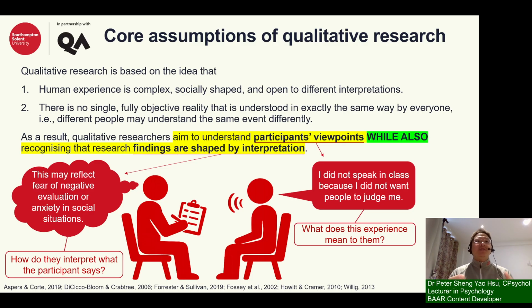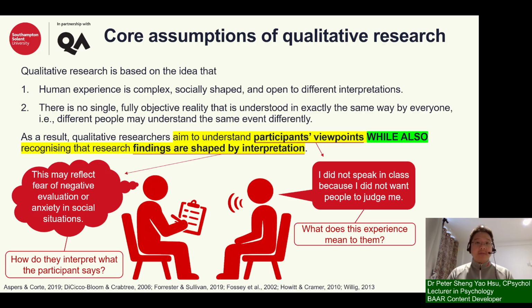To understand qualitative research properly, we also need to think about some of the assumptions behind it. The key assumption is that human experience is complex. People do not simply respond to events in identical ways.